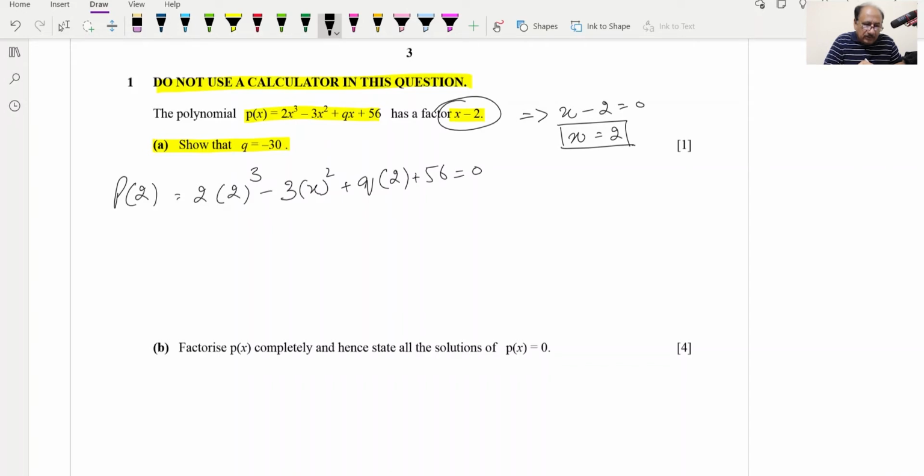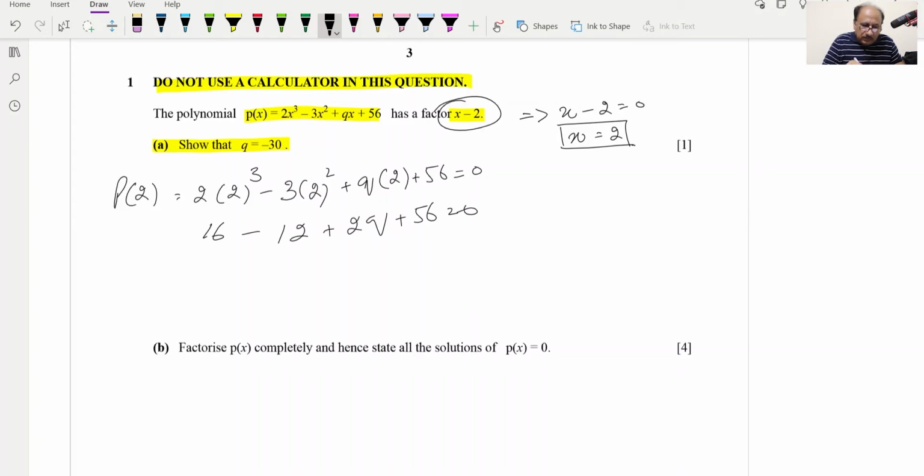We can rewrite it as 2 raised to 3 will be 8, into 2 will be 16, minus 3x squared. Basically we have to replace x by 2, so x squared will be 2 squared, which is 4, into 3 will be 12, so we can write here 12 plus 2q plus 56 is equal to 0.